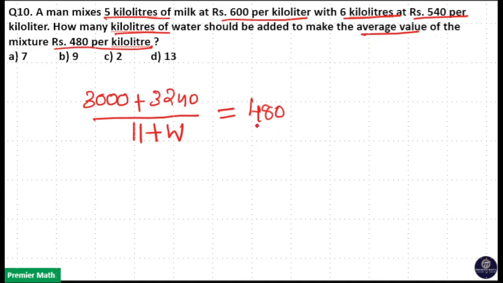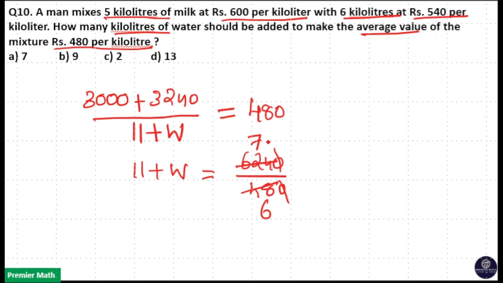So the equation is: 11 plus water is equal to 6240 divided by 480. 0, 0 cancel. 8 into 6 is 48, 8 into 7 is 56, 8 into 8 is 64. So 78 by 6 is 13. 11 plus water is equal to 13. Then the water amount is 2 kiloliters. So option C is your answer.